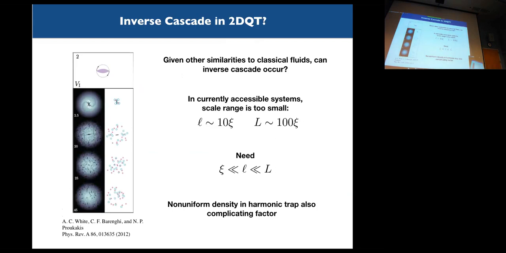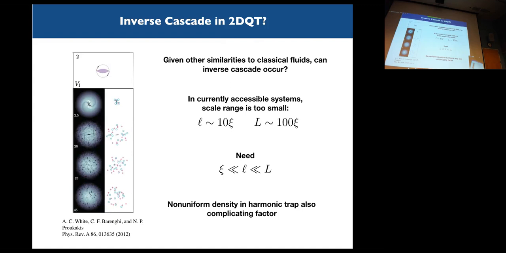So now, given all these similarities popping up between quantum and classical fluids, one might naturally ask whether in these atomic gas systems you could see any of this classical cascade physics. And it turns out a lot of people have done some work on working out whether this inverse energy cascade could appear in these systems.